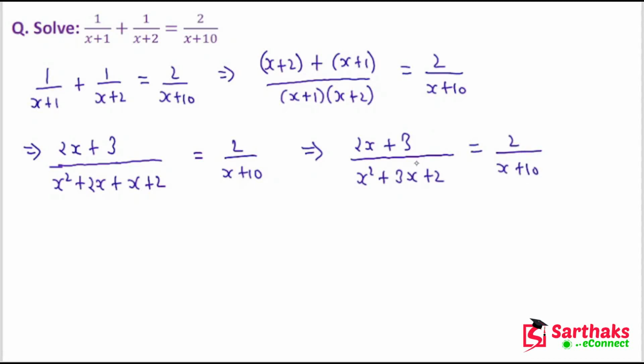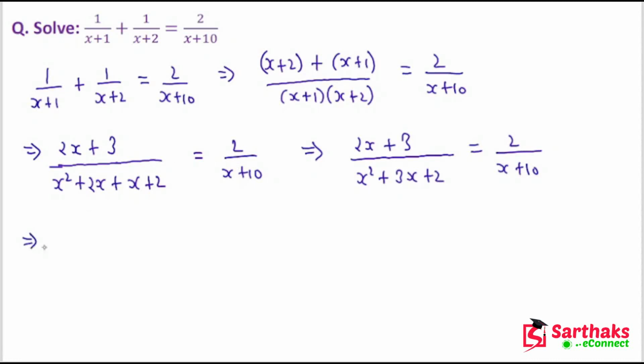Now clearly it is of the form where both the sides of the equality are fractions, so that we can do cross multiplication. We multiply x plus 10 with this numerator and x square plus 3x plus 2 with this numerator, right?